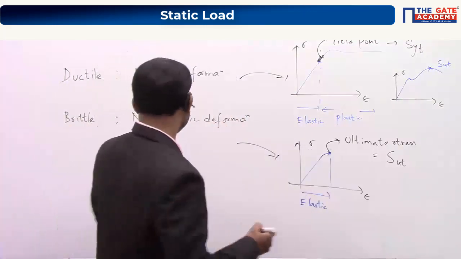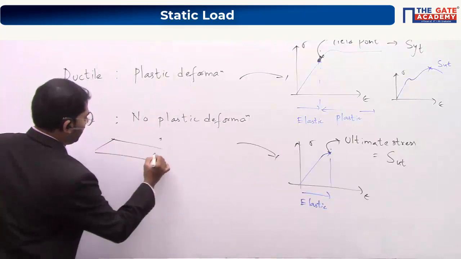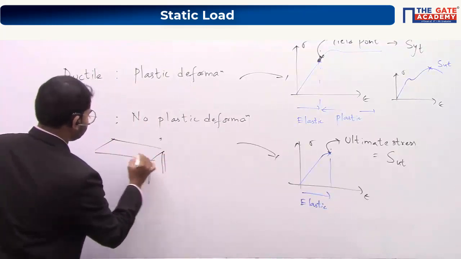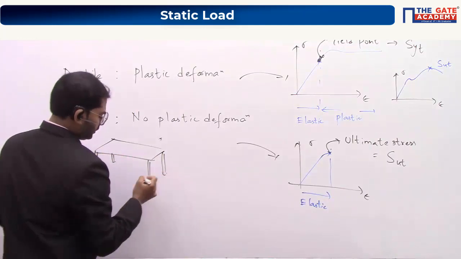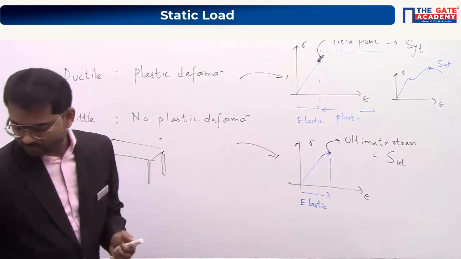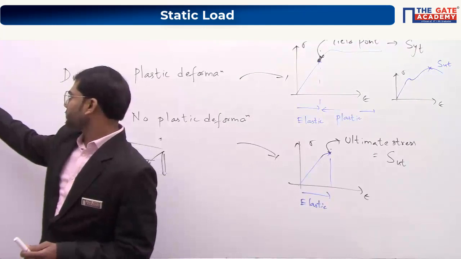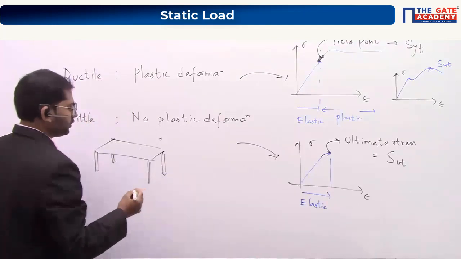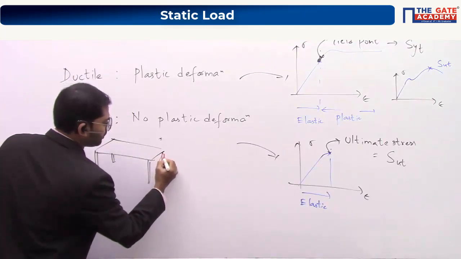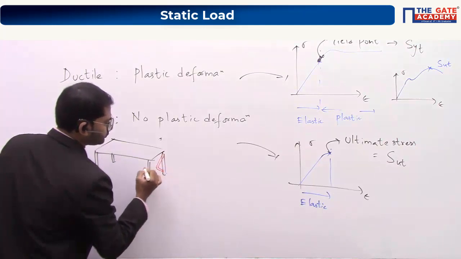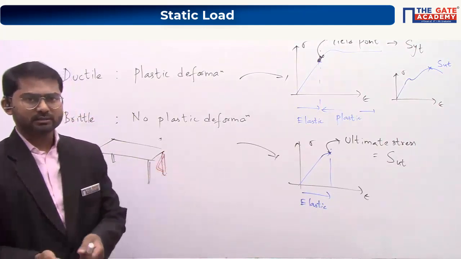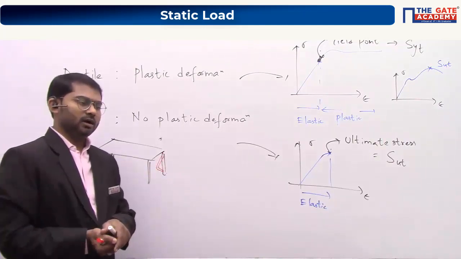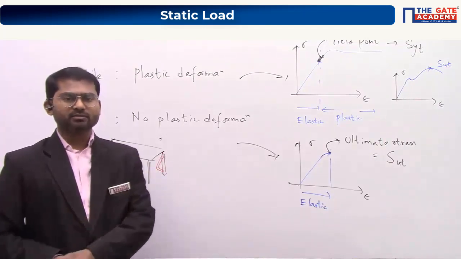Imagine you have a table and four legs are there. Due to some reason one of the legs got deformed plastically. I'm talking about plastic deformation here, complete deformation. Let's assume it got bent like this because you kicked it, or took some strong bat and hit it.